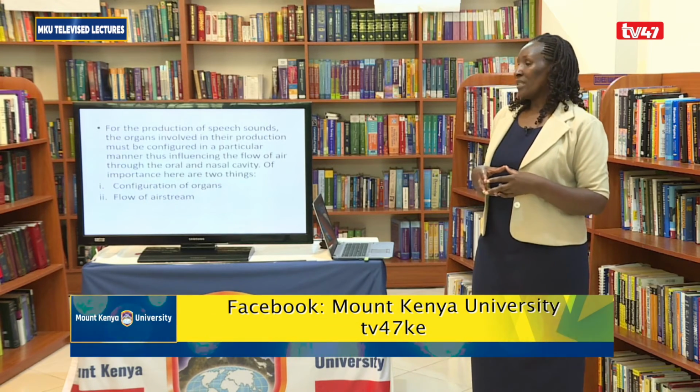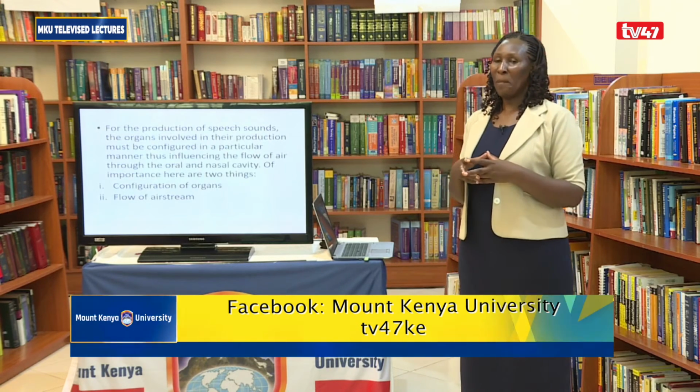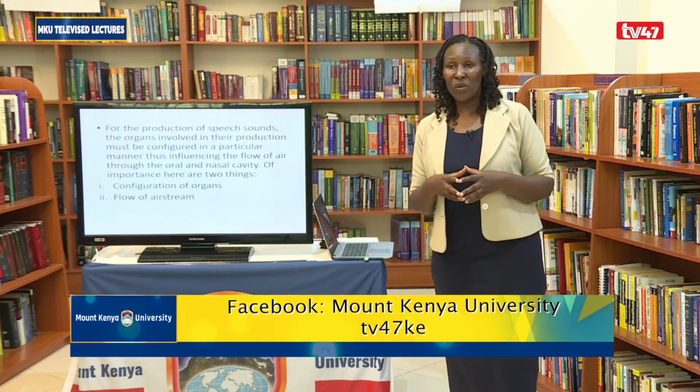And number two, what is of importance is the flow of airstream. I also wish to remind you that earlier on we said that in order for us to produce sounds, there must be sufficient flow of air in the lungs.